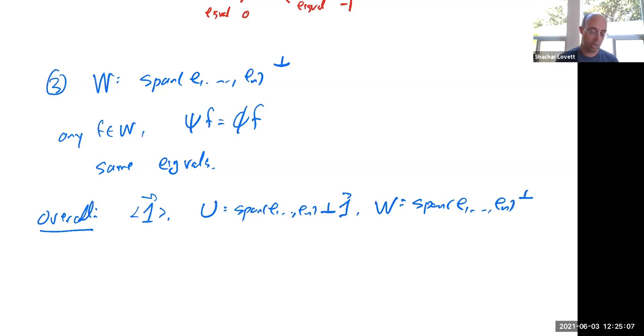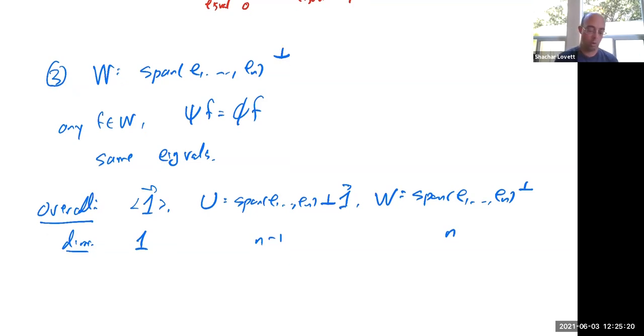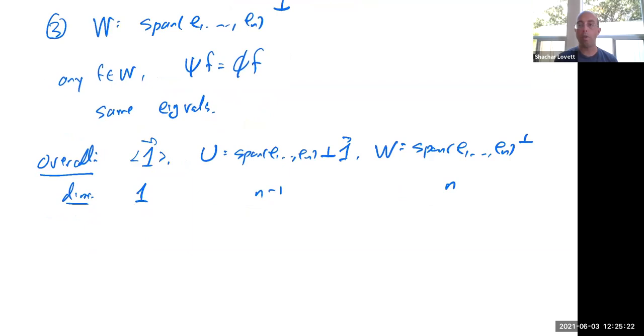So the dimensions are 1, n minus 1, and n, which makes sense because we have a 2n by 2n matrix, so the dimension should be 2n. We just broke it into 3 things. And all 3 of them are common eigenspaces for psi and phi.